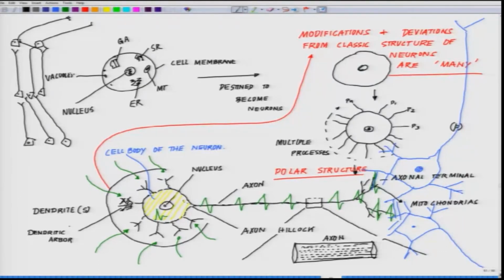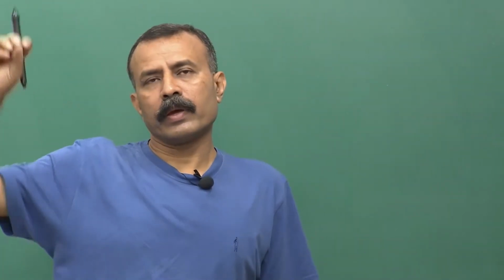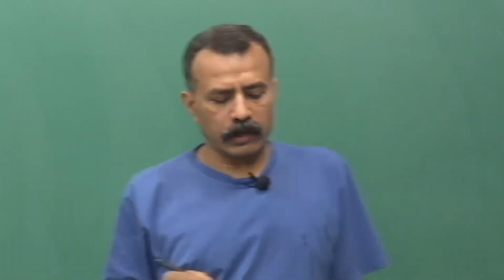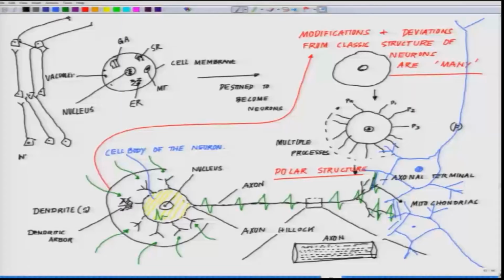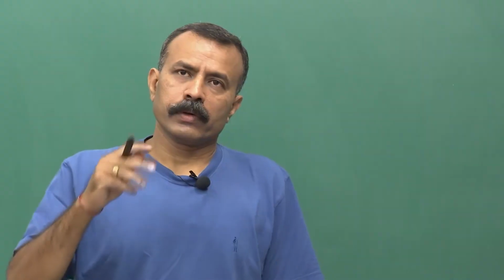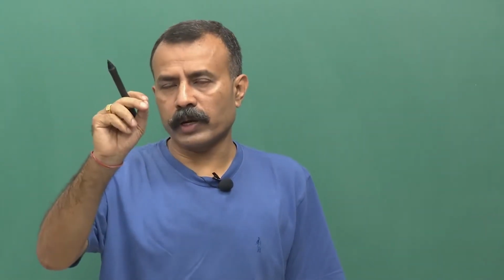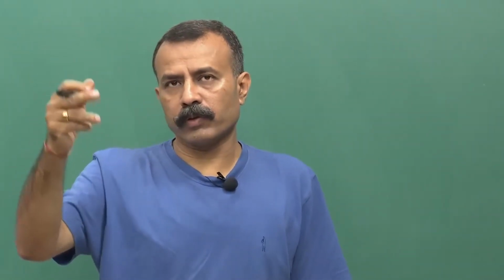It seems like it forms a wire, but unlike when we talk about electrical wires, a continuous wire, here the wire is not continuous, it is a discontinuous wire. A neuron conveys this to the next, conveys to the third, conveys to the fourth.